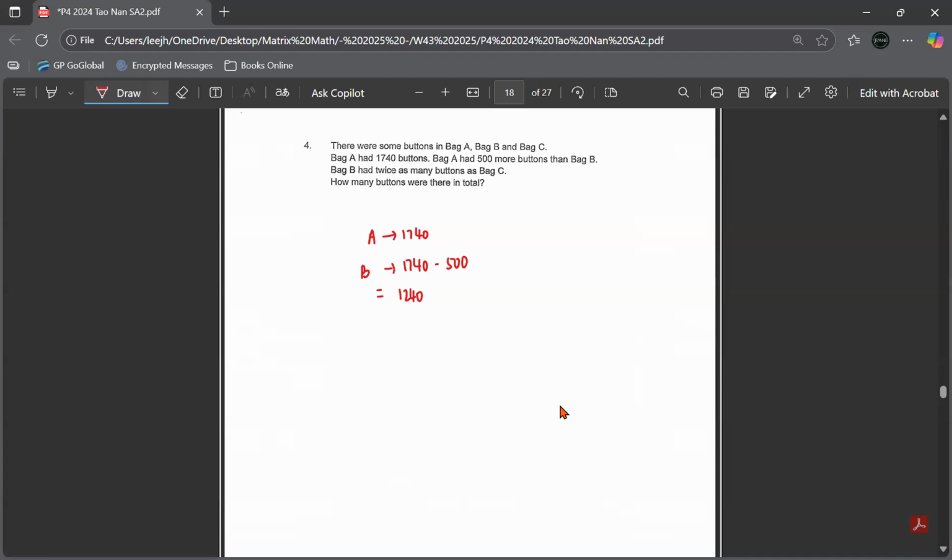And B got twice as many as C. So C will be half of what B has. So 1,240 divided by 2, 620. So total, all three, 1,740 plus 1,240 plus 620. Your answer is 3,600 buttons.